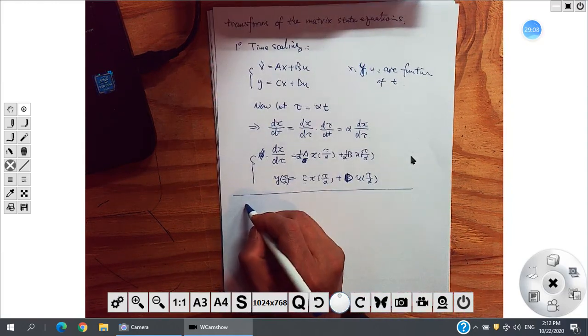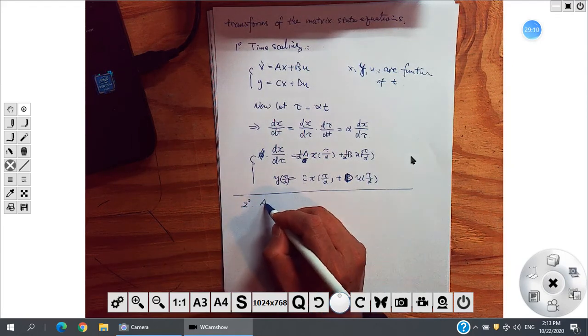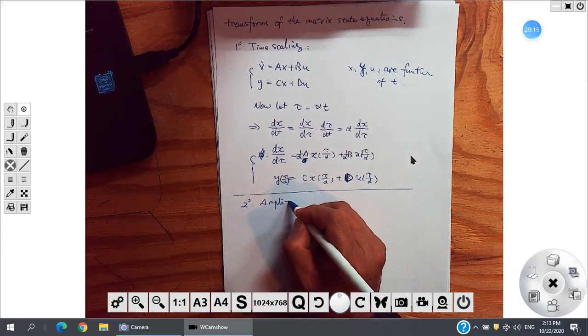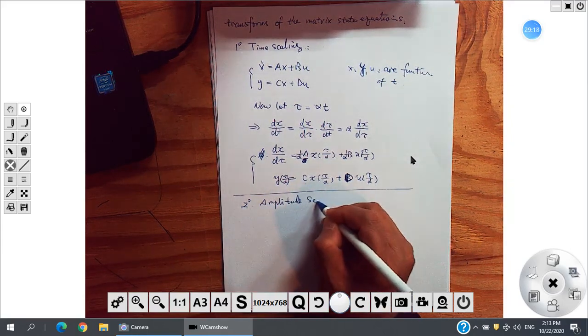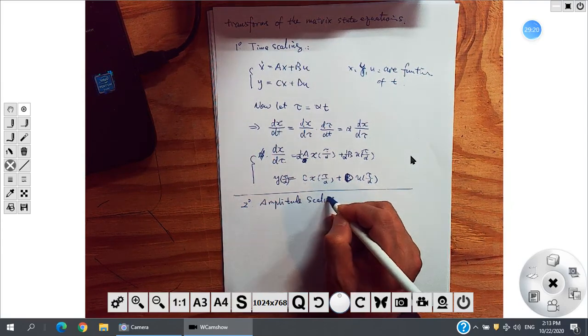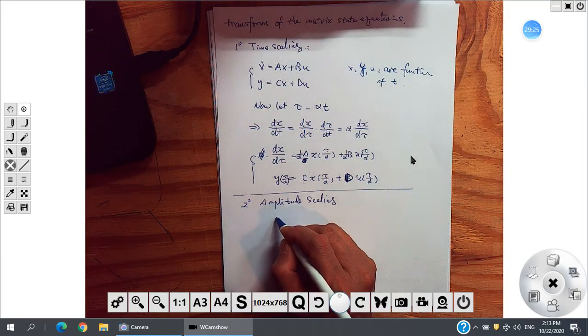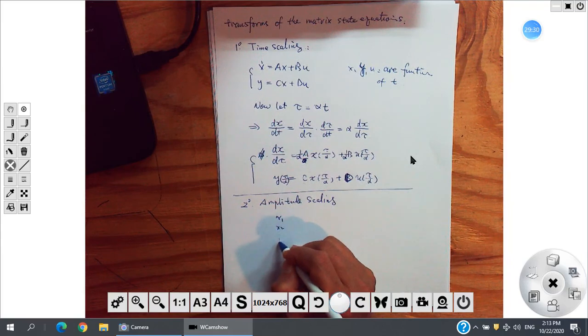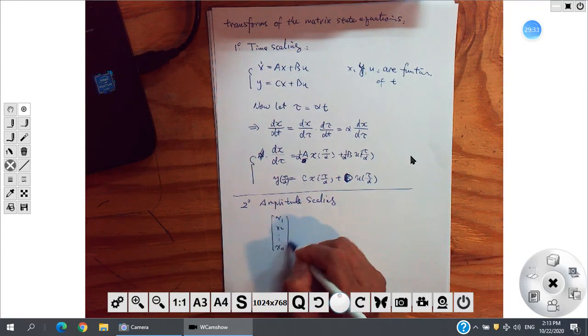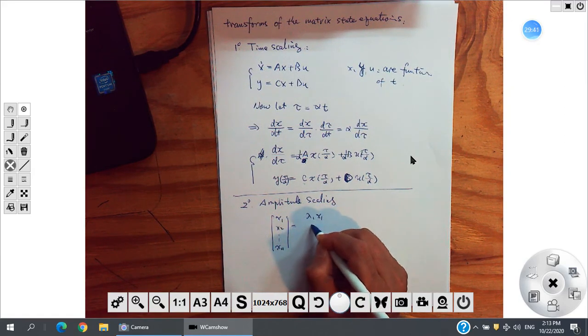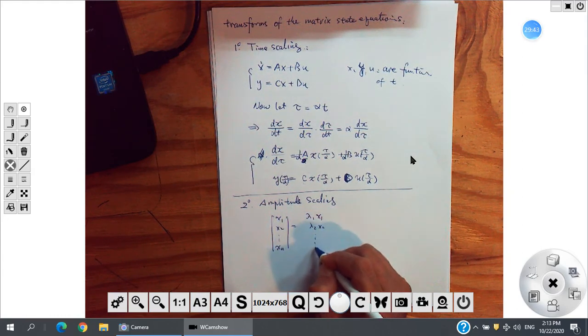And the second thing we call the amplitude scaling. For amplitude scaling, we have x, right? So x1, x2 to xn. I say this is some lambda: lambda 1 x1, lambda 2 x2 to lambda n xn.